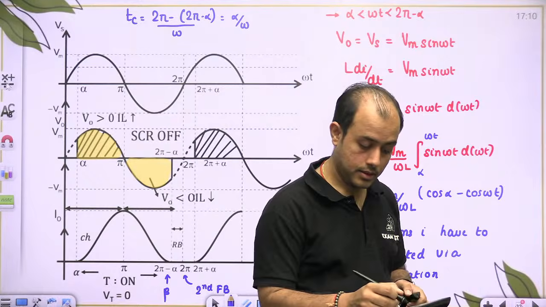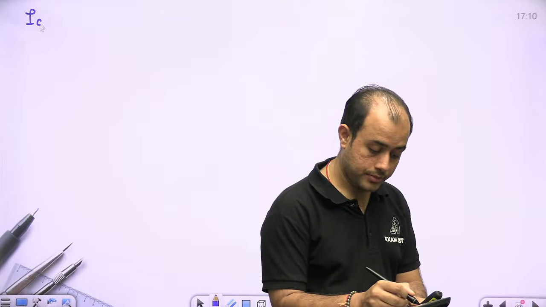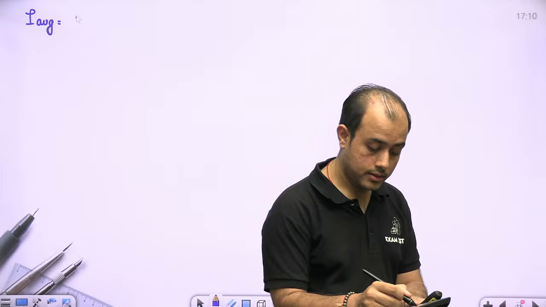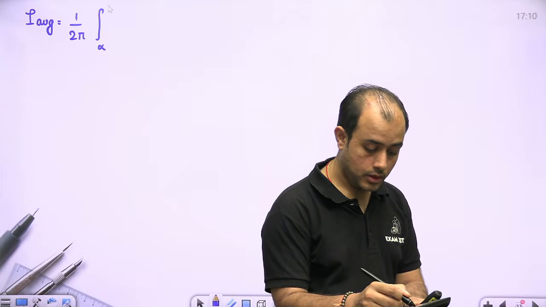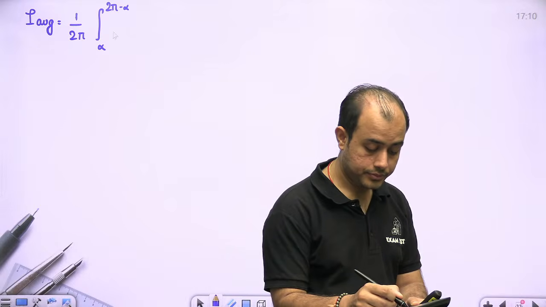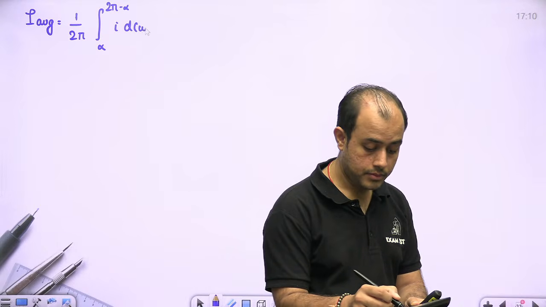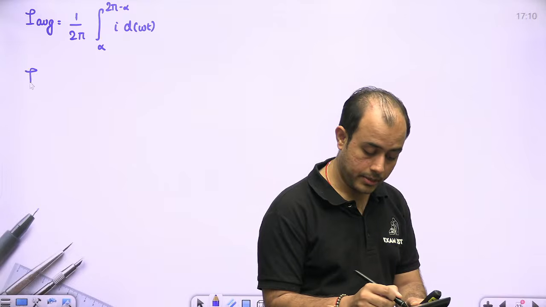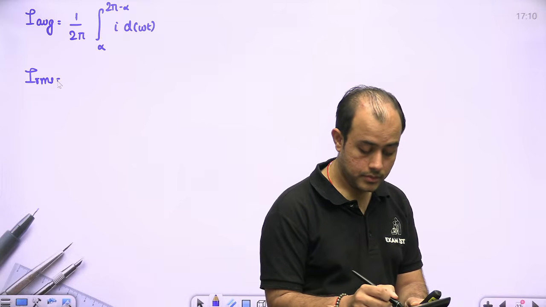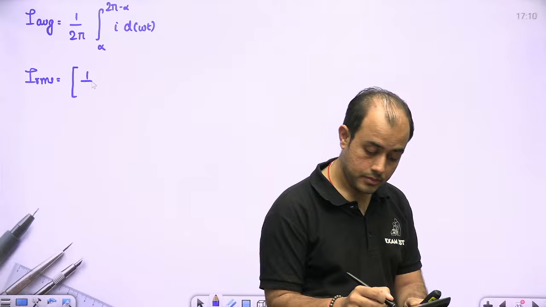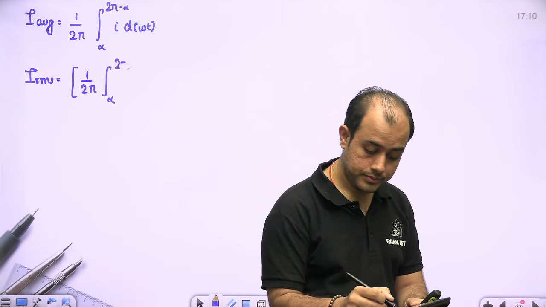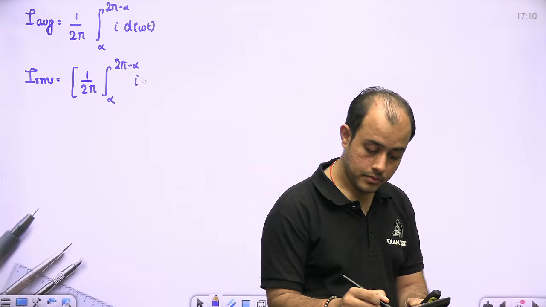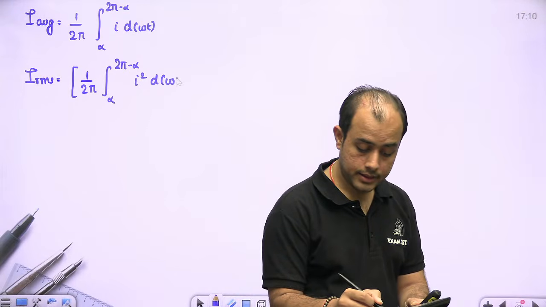ओके, सो फॉर एवरेज इफ यू वांट, you have to go like this. Okay, for RMS, one by 2 pi, like this.